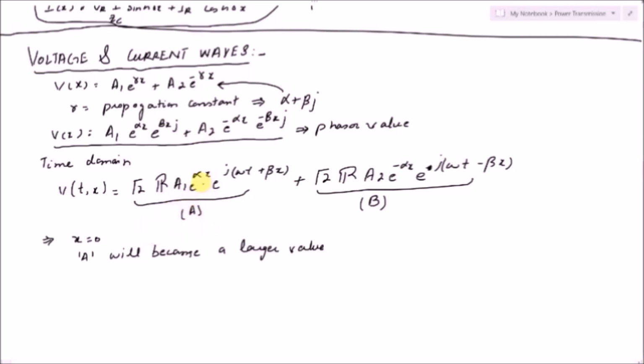At e raised to 0 it will be 1, x is increasing, so e raised to alpha x will be increasing. So I will write it down that A will become a larger value because e raised to alpha x will increase with increase in the value of x.